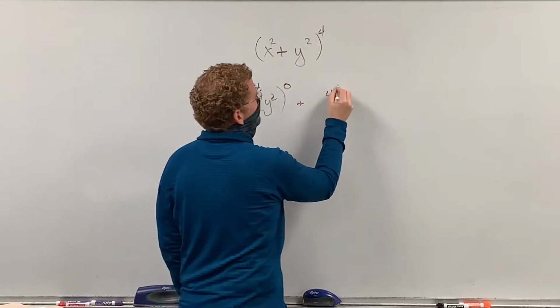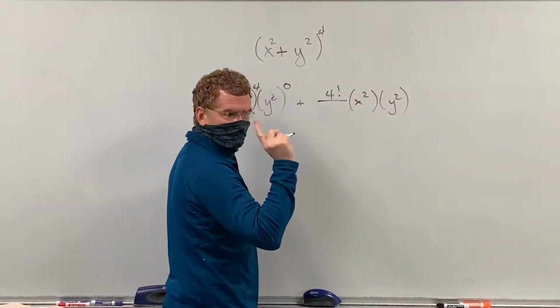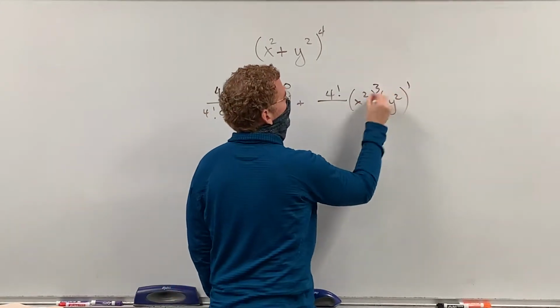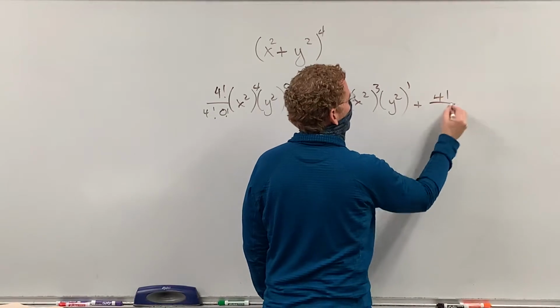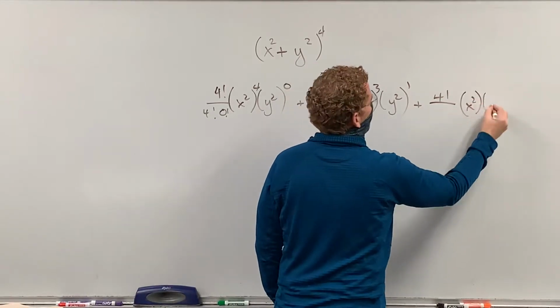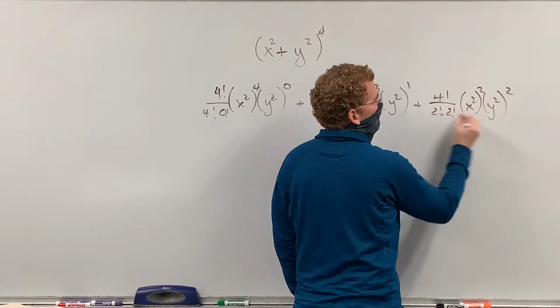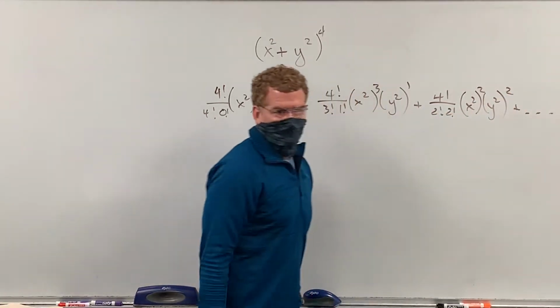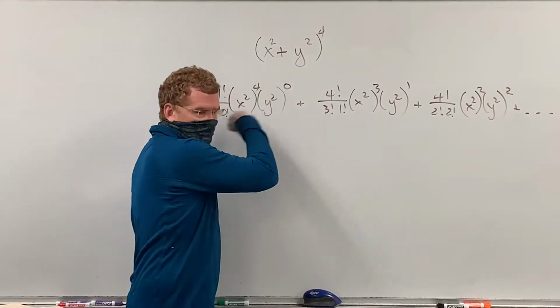For the second term, K is 1. For the third term, K is 2, etc., etc. That would be expanding using the binomial theorem, because the binomial theorem is this little formula that we use.